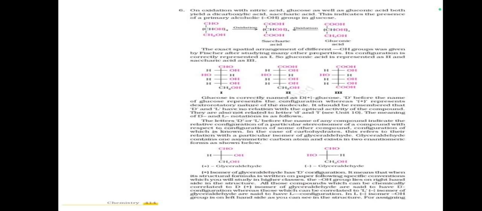For assigning the configuration of monosaccharides, it is the lowest asymmetric carbon atom, as shown below, which is compared. In plus glucose, OH on the lowest asymmetric carbon is on the right side, which is comparable to D glyceraldehyde. So plus glucose is assigned D configuration. Other asymmetric carbon atoms of glucose are not considered for this comparison.